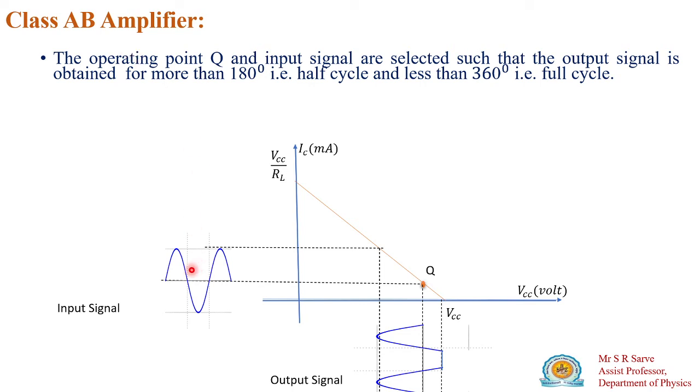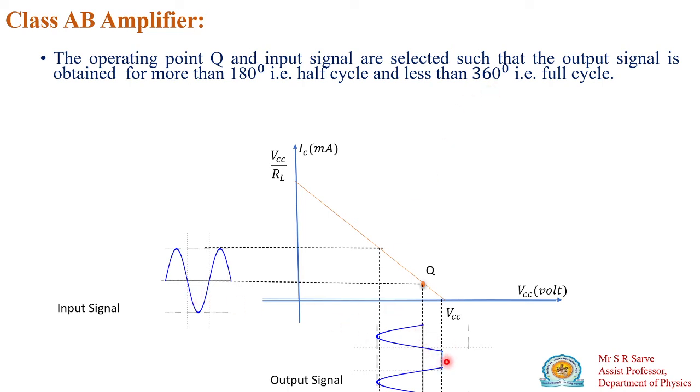This is the input signal provided to the amplifier, and it will amplify the signal such that it amplifies more than 180 degrees of the input signal but less than 360 degrees. It will amplify more than a half cycle but not the full cycle. That is why the signal appears like that.